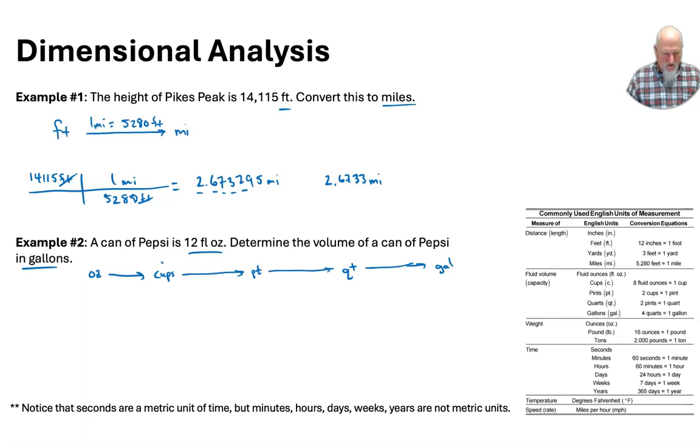Okay, so cups can just be C apparently. So ounces to cups, so 8 ounces is 1 cup, 2 cups is a pint, 2 pints, 1 quart, 4 quarts, 1 gallon.